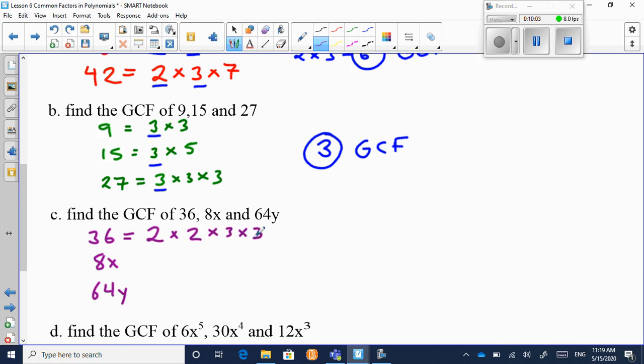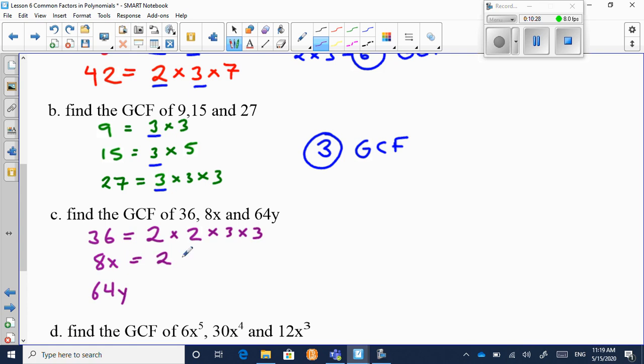Now you can write these in any order. Some of you might have said, well, I know that it's 4 times 9, and then broken it up from there. So don't worry, it can be 2 times 3 times 2 times 3. The bottom line is, though, you have to get down to the end. So here we go. Let's try 8x. Well, let's work on the 8.